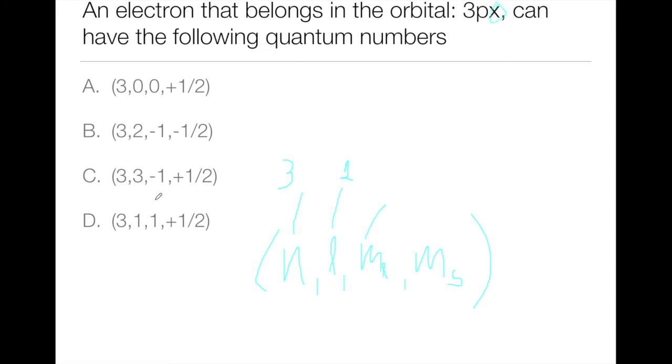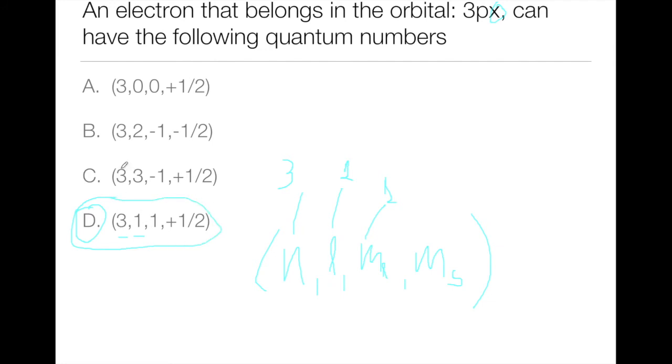But here, the option is obvious, because the only one that starts with 3 and 1 is this one. Alright, and actually, the ml for the px is 1. And this could be either plus 1 over 2 or negative 1 over 2, but this is the option that matches the 3p orbital.